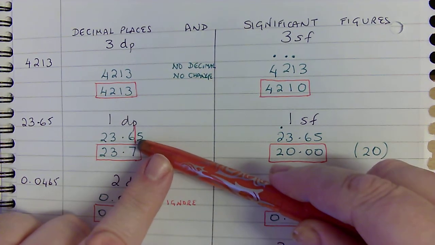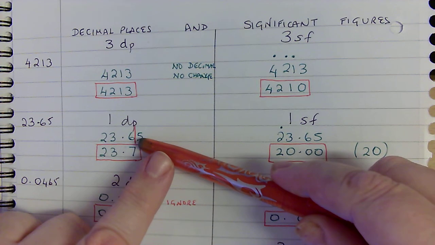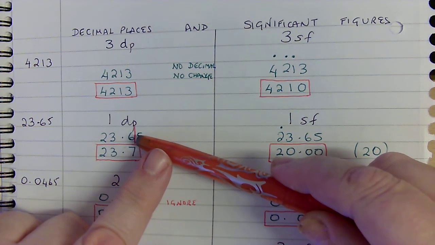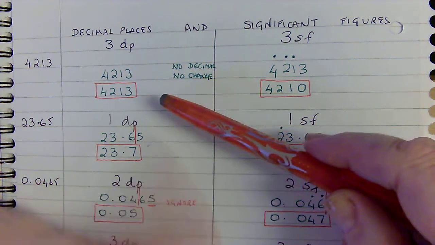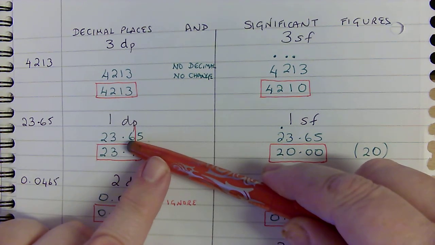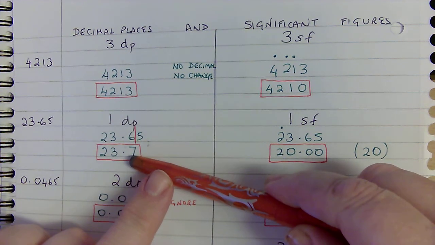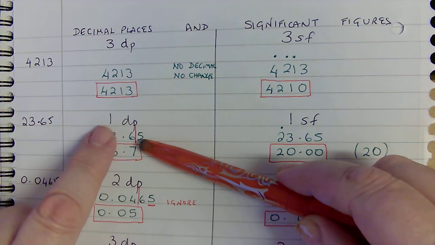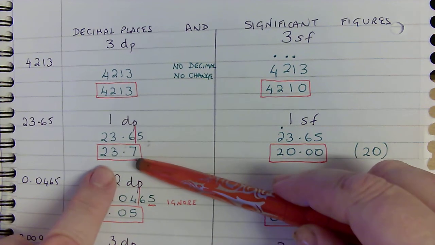And the rule here is that if it's 5 or bigger, then yes, it does have an effect. If it's 4 or less, it has no effect. And the effect it has, if it's big enough, is to turn the previous digit into 1 higher. So you can see that 23.65 to 1 decimal place becomes 23.7.